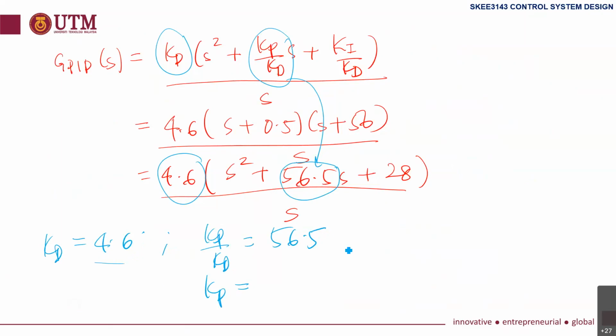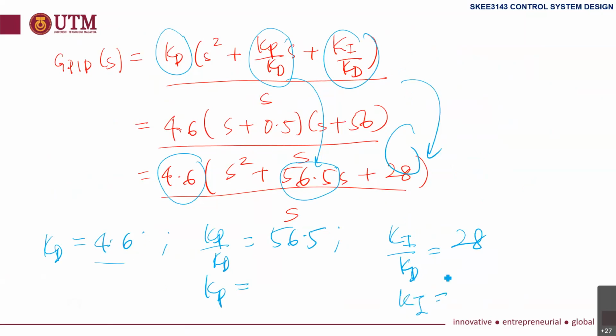And here, finally, KI over KD is 28. We equate here and here. Then we can get KI, 28 multiplied with KD. Okay, that is the final one.